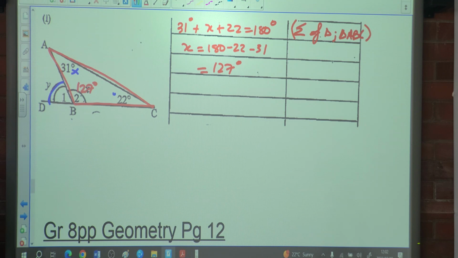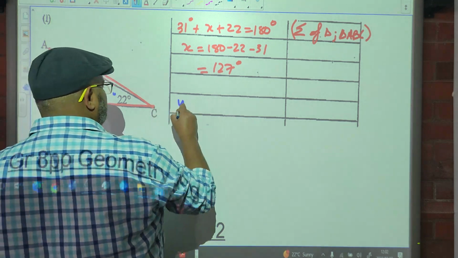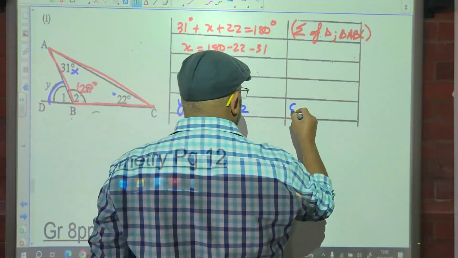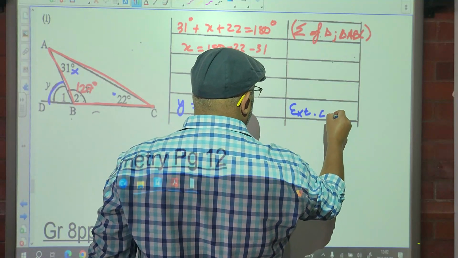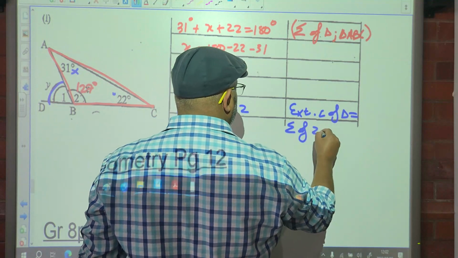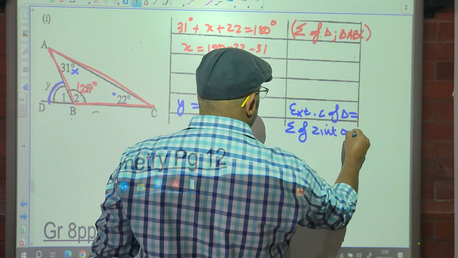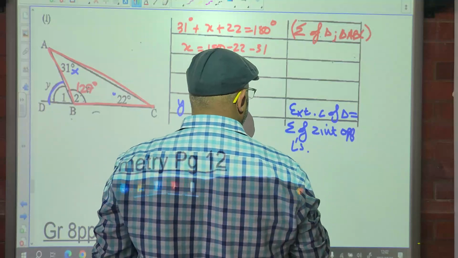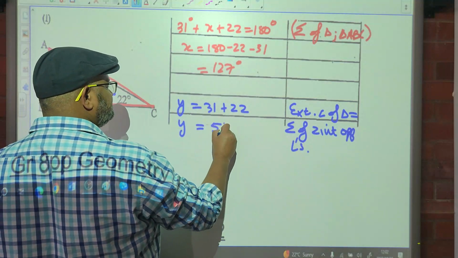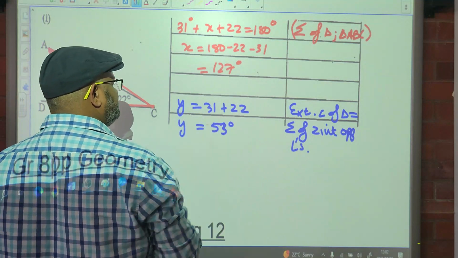Any one of the two will give you the full mark. So you say y is equal to 31 plus 22 because exterior angle of triangle is equal to the sum of the two interior opposite angles. So y is equal to 53 degrees.